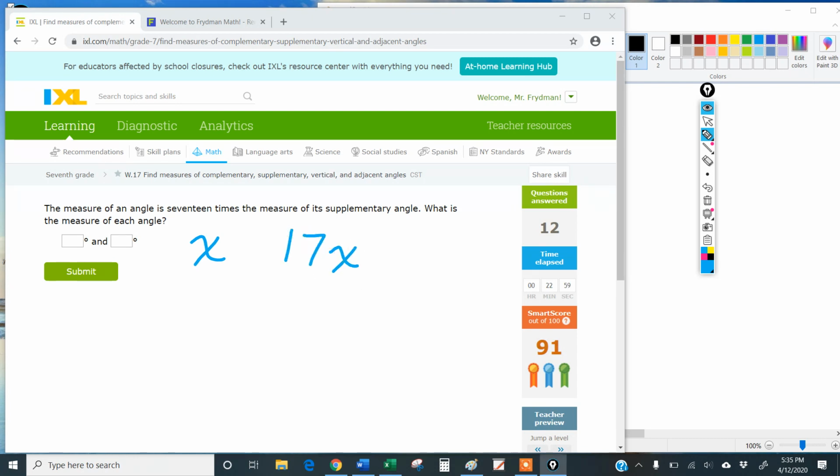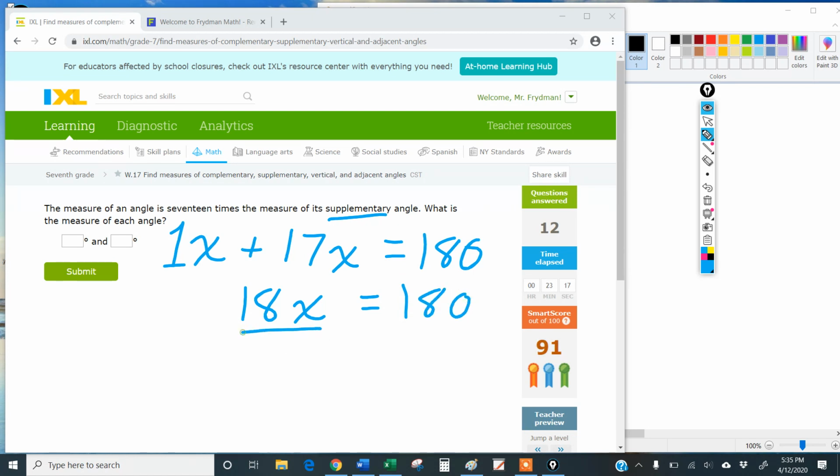Now we know that the angles are supplementary, which means when we add them up, we get 180 degrees. So let's do the same thing we did last time. We'll put a 1 here. So 1x plus 17x is 18x. So I have 18x equals 180. If I divide both sides by 18, then I get x equals 10.